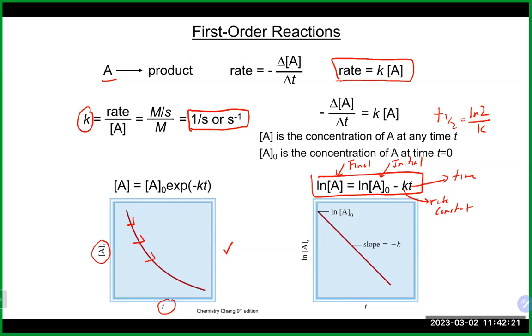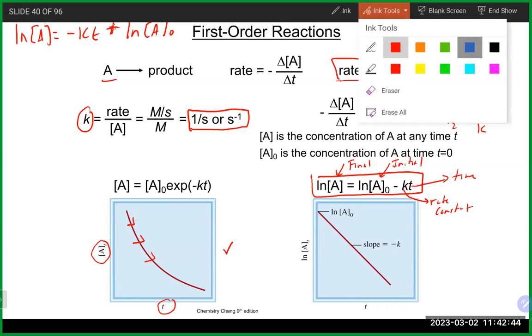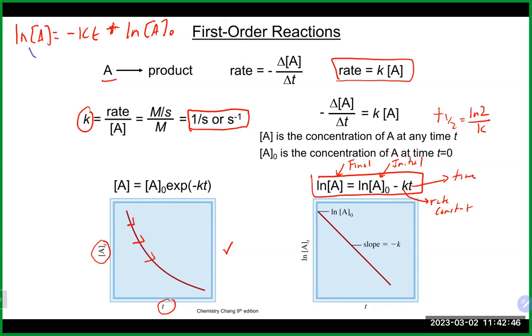We are looking at really a more linear relationship. So you could take the integrated rate law there and rearrange it and write it as the natural log of A is equal to minus kt plus the natural log of A naught. And this is written in the form of a straight line, which is y is equal to mx plus b.